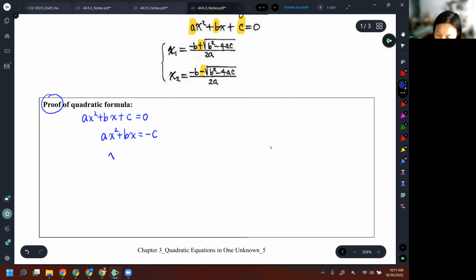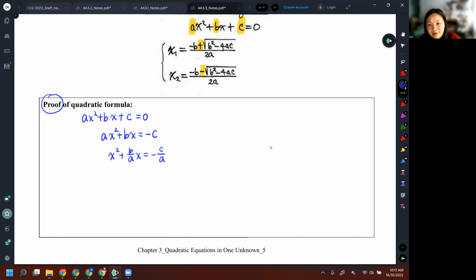I will divide by A. Okay, I think so far you're fine. You copy, you move one term to the right, and then you divide by A. Okay, now I'm going to add something. Sorry, I don't think I'm going to add something. I'm going to change this a little bit.